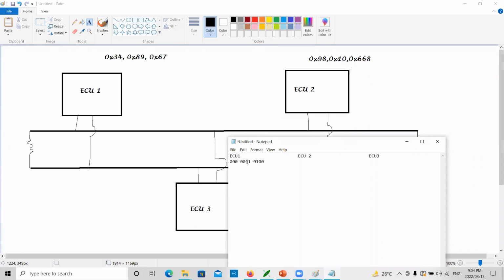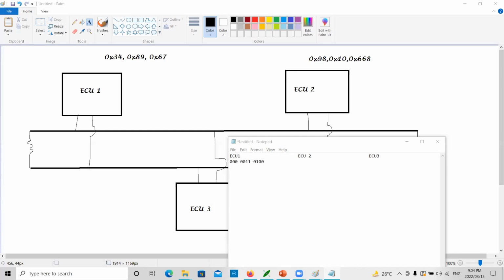Is that correct? Yeah, it's correct. If you take the 3, second, and 2 plus 1. Okay, actually, it is okay. It is very simple.